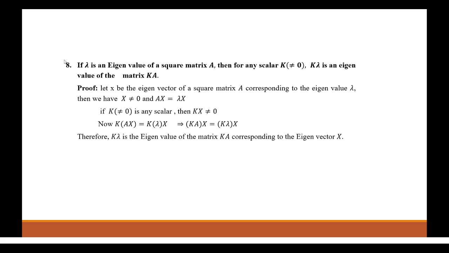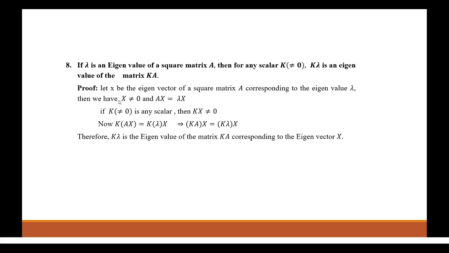In the next property, if lambda is an eigenvalue of a square matrix A, then for any scalar k not equal to 0, k lambda is an eigenvalue of the matrix kA. In the proof, let x be an eigenvector of a square matrix A corresponding to the eigenvalue lambda.